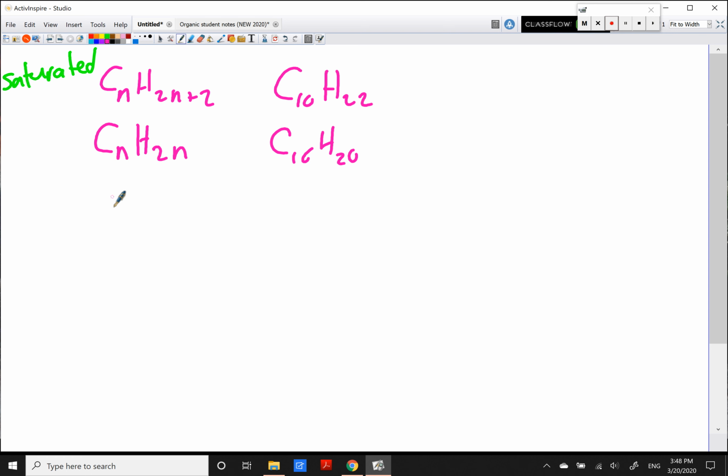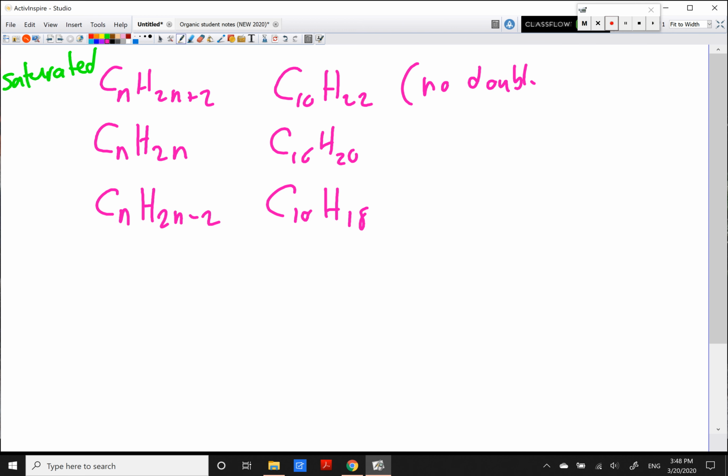Now our next one, if we go down, right, so lose some more, CnH2n minus 2. Now this was our formula for an alkyne, or another way to think about it, that would be a formula for something with 2 double bonds, and we get C10H18, right? So we got no double bonds.